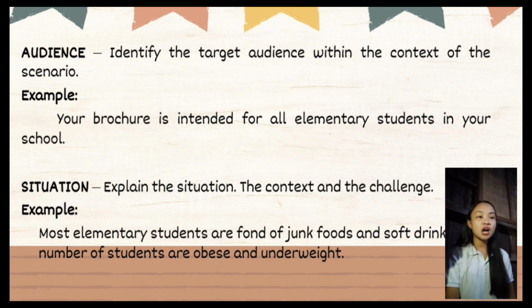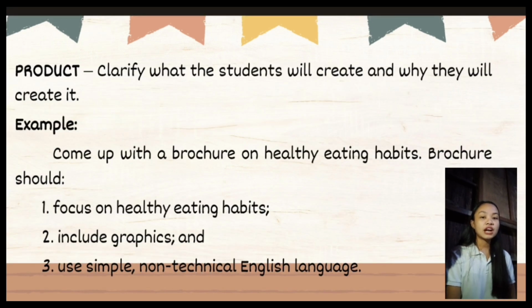Now moving on to the product. Clarify what the students will create and why they will create it. So here in the product, as a teacher, you should make a clear statement on what they will be doing. An example here is: come up with a brochure on healthy eating habits.